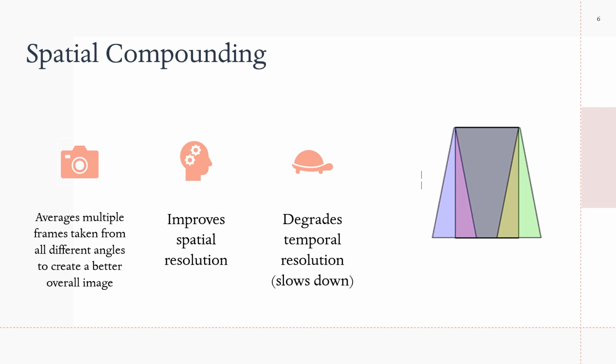Temporal resolution is our time, our frame rate, and it slows this down, so it makes it a little more laggy. So to conclude, we average multiple different angles into one image to improve our detail, but it will degrade our temporal resolution and slow the image down.